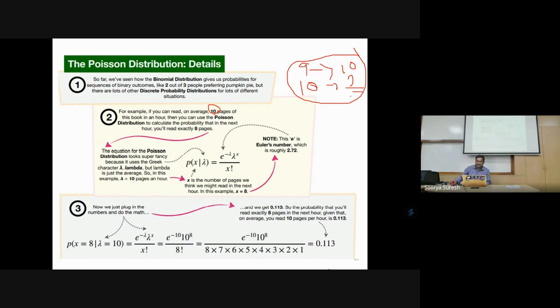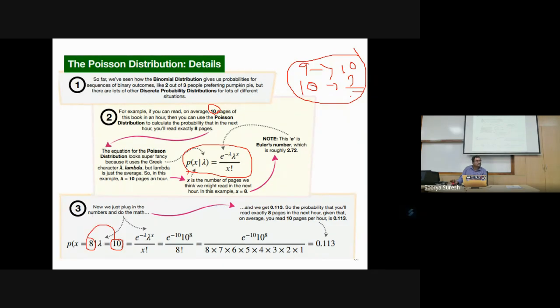The Poisson distribution will help us. See here, the equation of the Poisson distribution is this. If I can read 10 pages in the last hour, what is the probability that I can read 8 pages the next hour?